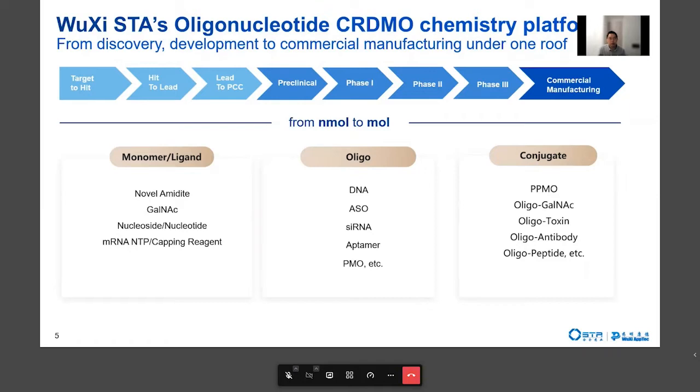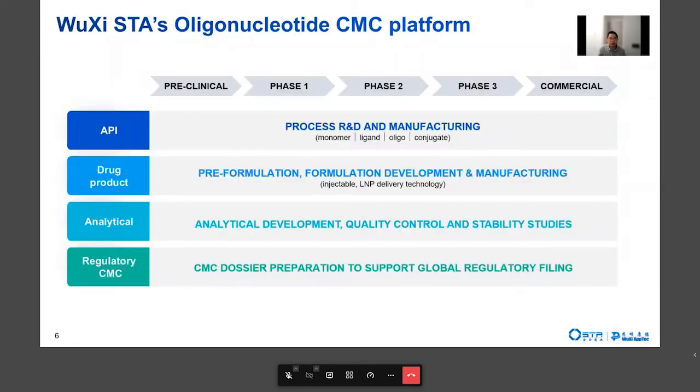Furthermore, we also can work on novel amidites and raw materials to ensure the safety of the supply chain when carrying on large-scale manufacturing. We also established a full CMC platform to be able to work not just on API manufacturing, but also drug product, and support in analytical and regulatory filing. A little later, one of my colleagues in the formulation group will talk about the LNP technology we have worked on.